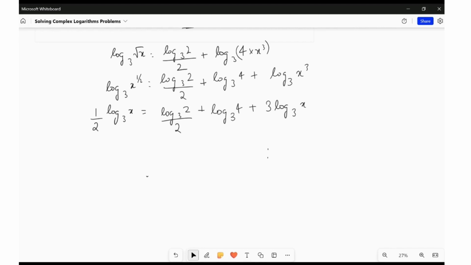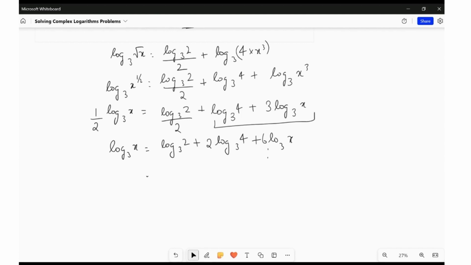Now to make this equivalent, we'll multiply these terms by 2 so that the 2 cancels out. Now log x base 3 is equal to log 2 base 3 plus 2 log 4 base 3 plus 6 log x base 3.